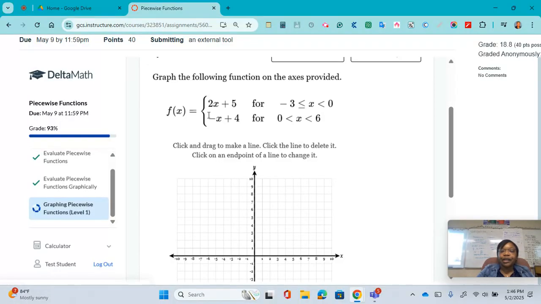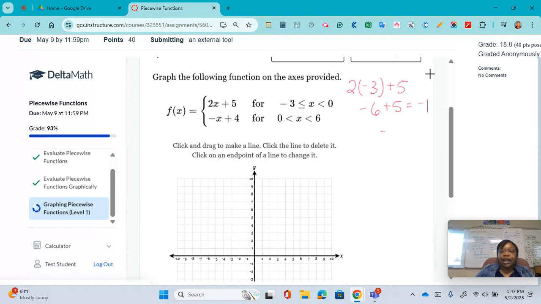So when I plug a -3 into my equation, I can tell what coordinate I would start with. So 2 times -3 plus 5. Order of operations says I multiply first. 2 times -3 is -6. -6 plus 5 equals -1.